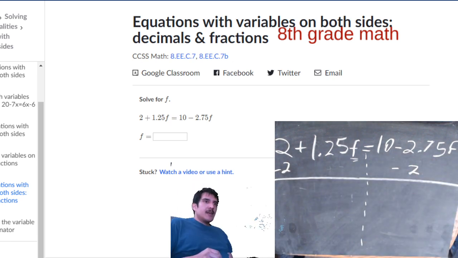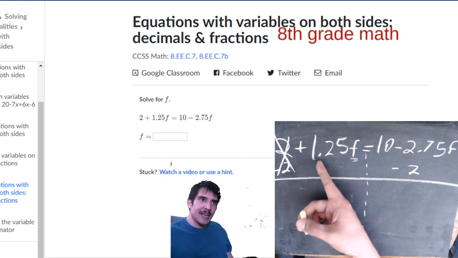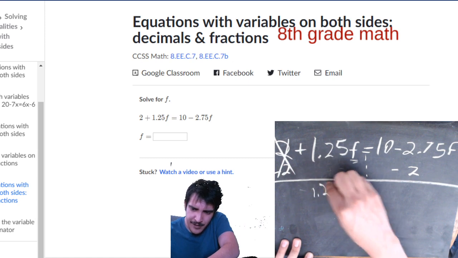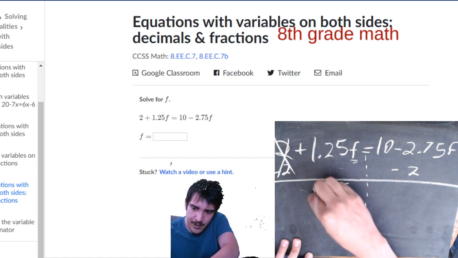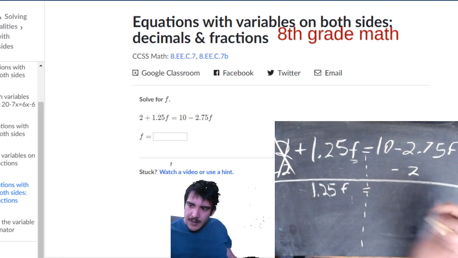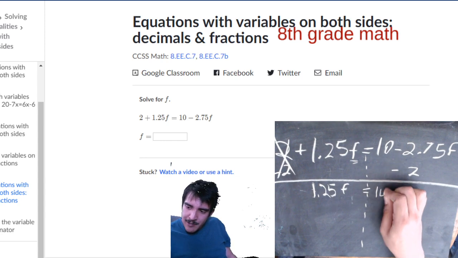Okay? On this side, favorite part, boom. Bring down this by itself. 1.25 f equals 10. 10 can just be brought down because there's nothing it's combined with.